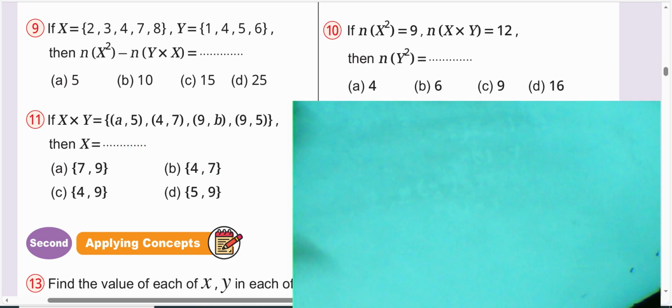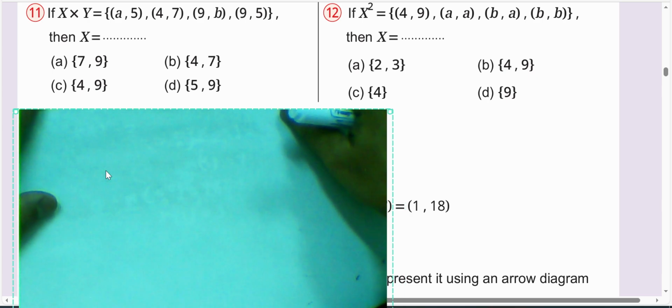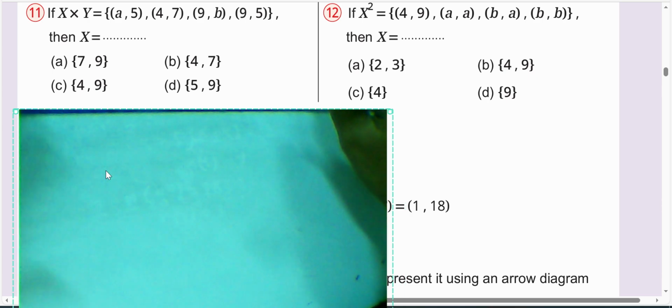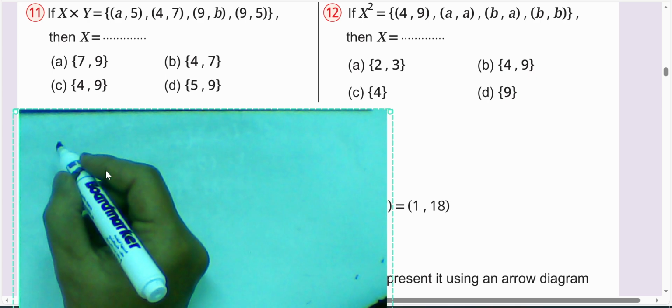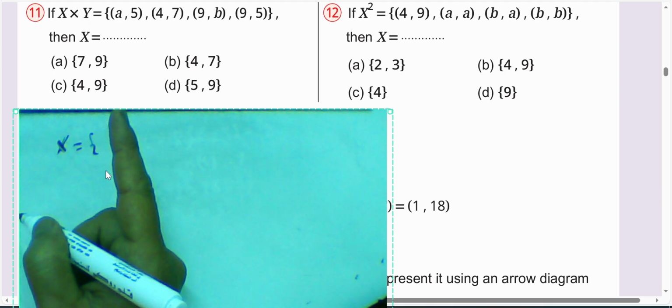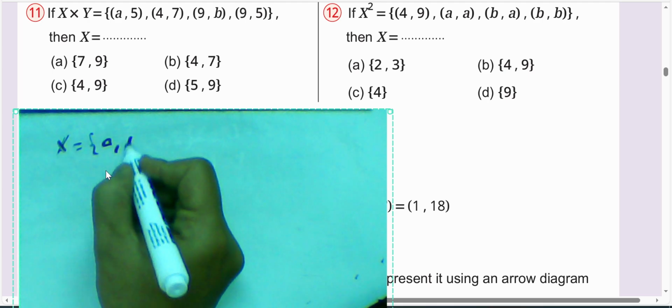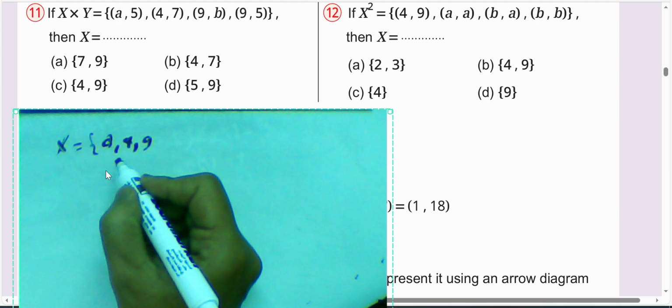Next question, number 11. X Cartesian product with y equals (a, 5), (4, 7), (9, b), (9, 5). We want to find x. The elements of x equal what? X will be the first projection. The first projection here: we have a, 4, and 9.